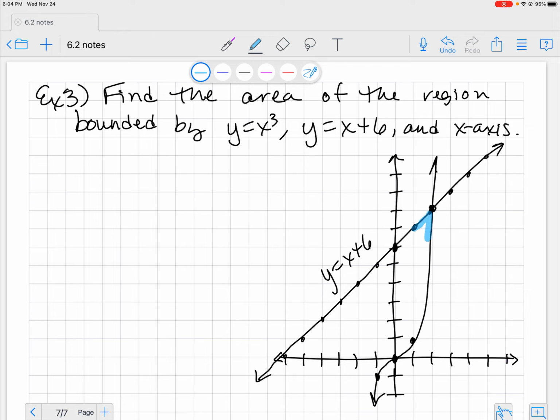Okay, so let's look at this. Here is my region. It's bound by the x-axis and these functions. Color that in. I always like to see my region because then I'm like, okay, what am I looking at here in terms of my region?